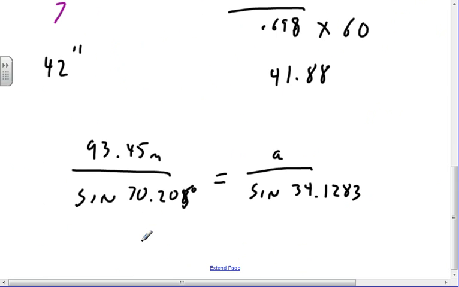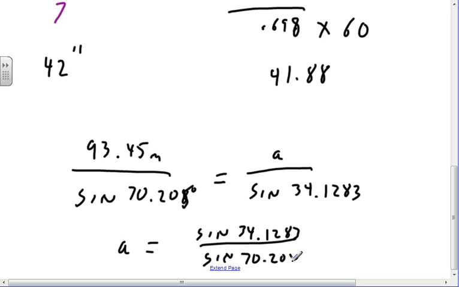So little a is going to be sine 34.1283 divided by sine 70.205 times 93.45.